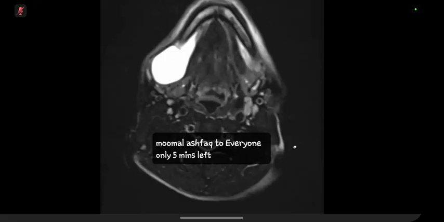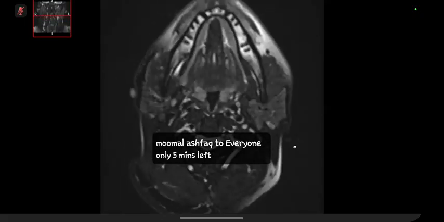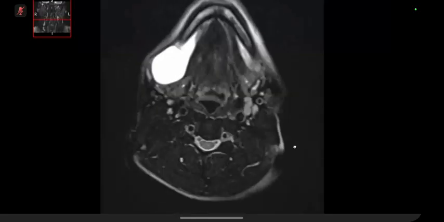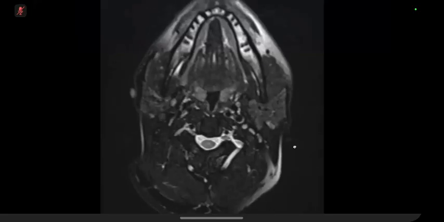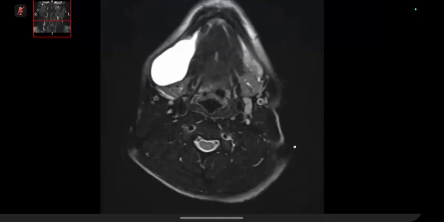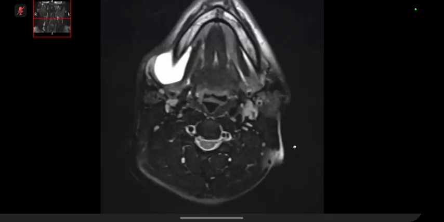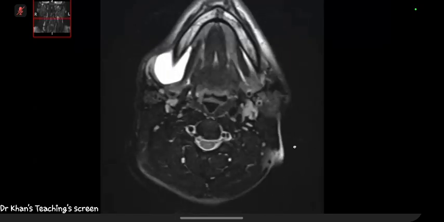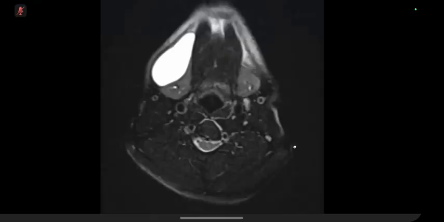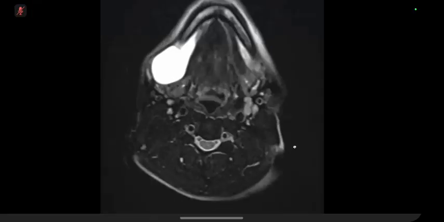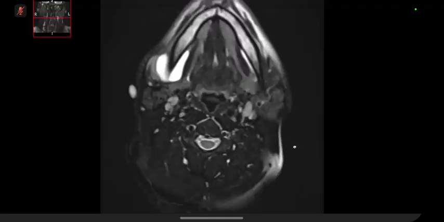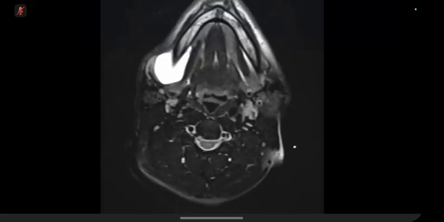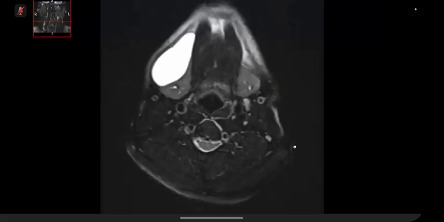Either this could be a branchial cleft cyst, a second branchial cleft cyst, or it could be a ranula. The submandibular gland duct also opens in the same location.